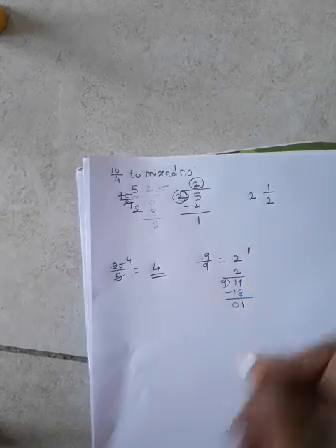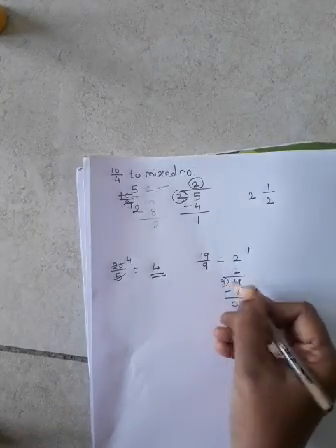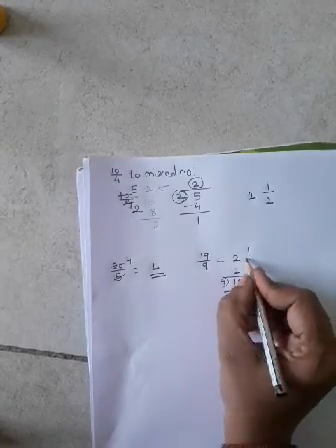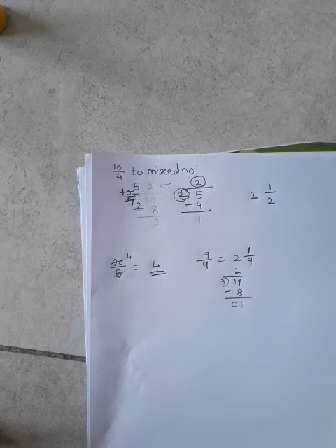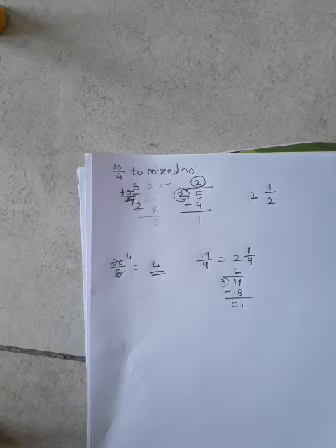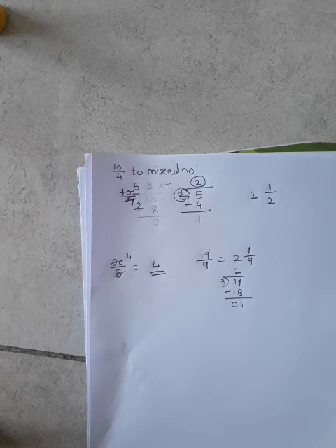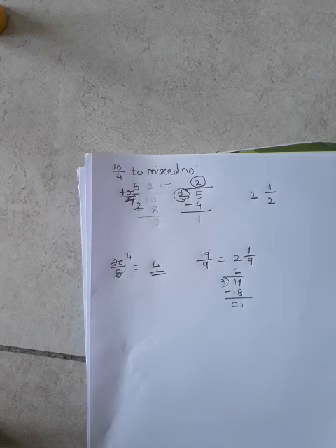The remainder is written as the numerator, and the denominator is written as it is in the proper fraction, the same as the denominator of the given fraction. Understand? All of you understand how to do it?